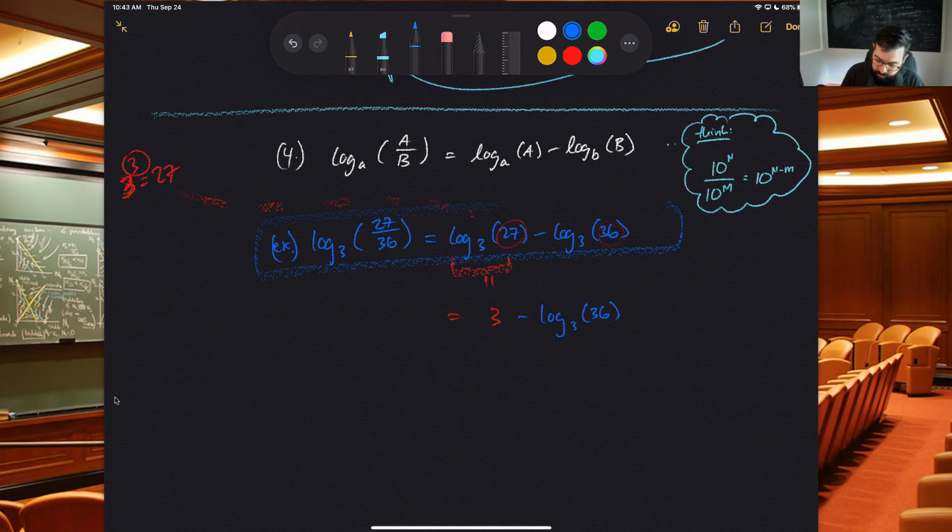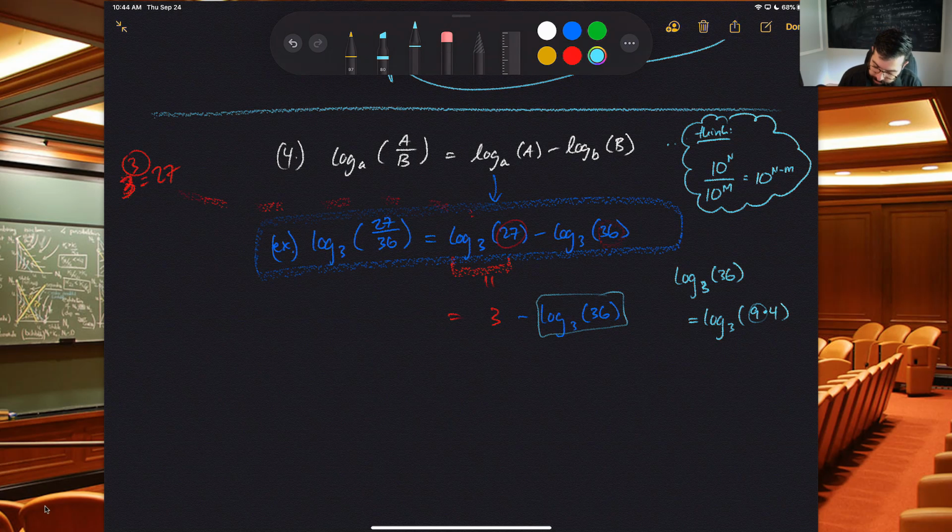So here we just demonstrated how to use this property, but we can keep going a little bit further using the previous properties. So using the previous properties, we know I could break this up. Right, what is log base 3 of 36? We're just chasing down this idea. I could say it's equal to 9 times 4. And why am I using 9 and 4? Well, I know that 9 is 3 squared, right? 3 raised to some power, I can get to 9.